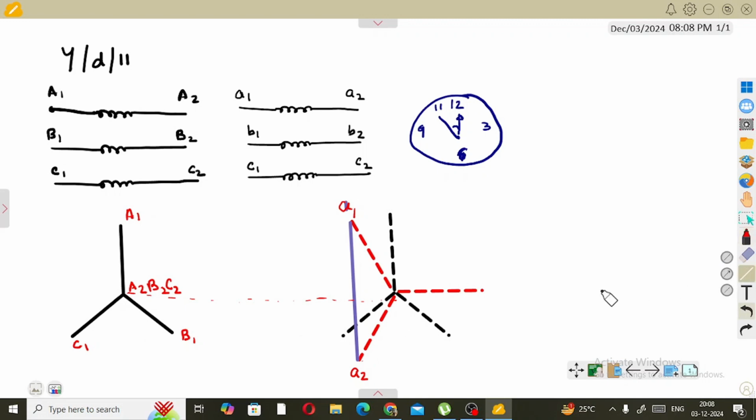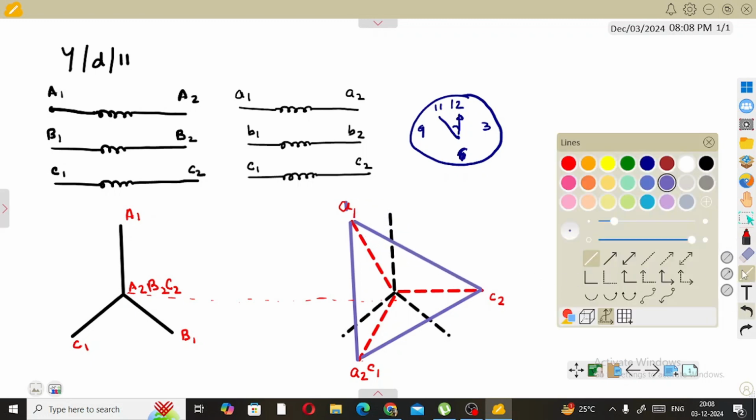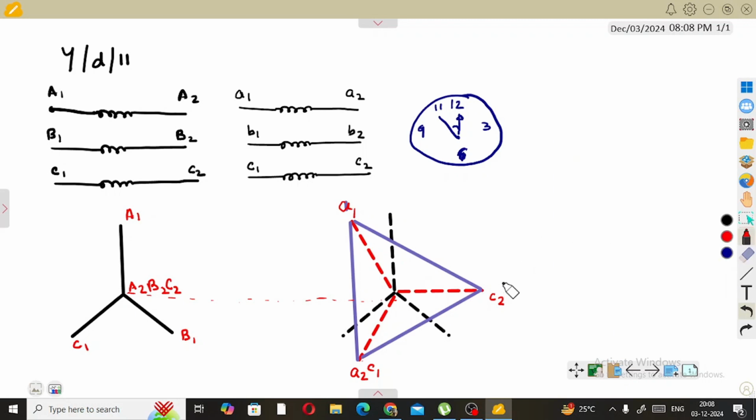So I'll connect these two together, and I will name this one my C1 and C2, and then I have to connect this one together, and I will name this one to be my B1 and B2.